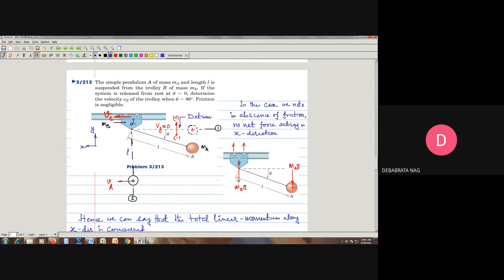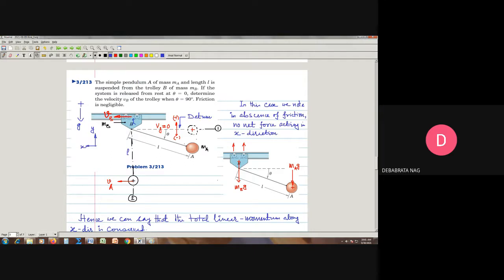But just like the other sums, we may be interested to know the velocity of this carriage as a function of this angle theta, which defines the position of this pendulum as it swings against gravity. Please note that this entire system is in a vertical plane, so acceleration due to gravity is acting here.